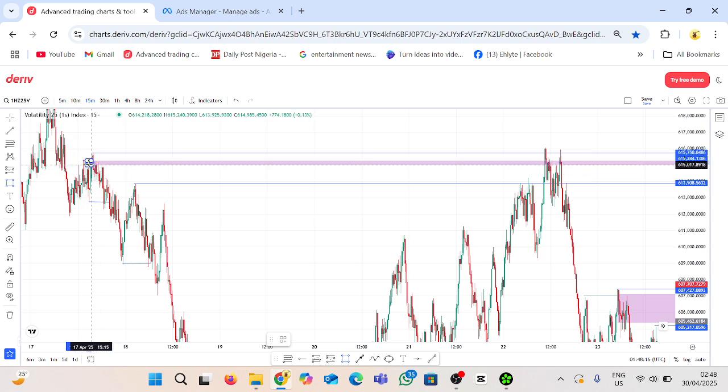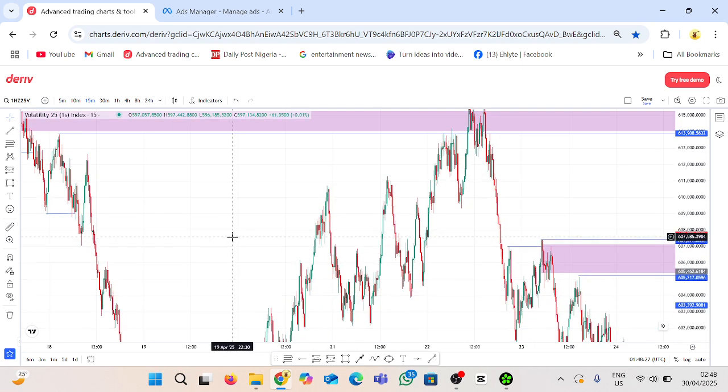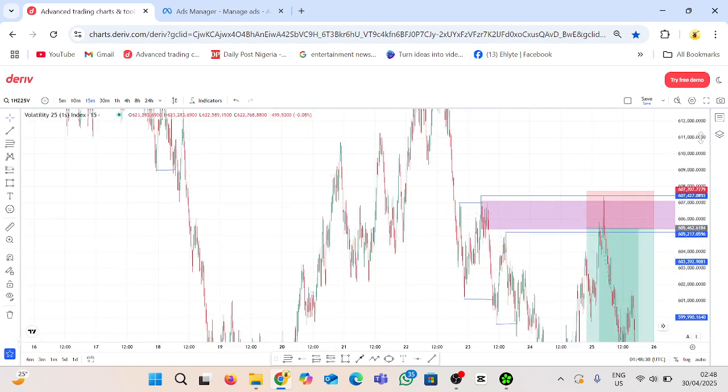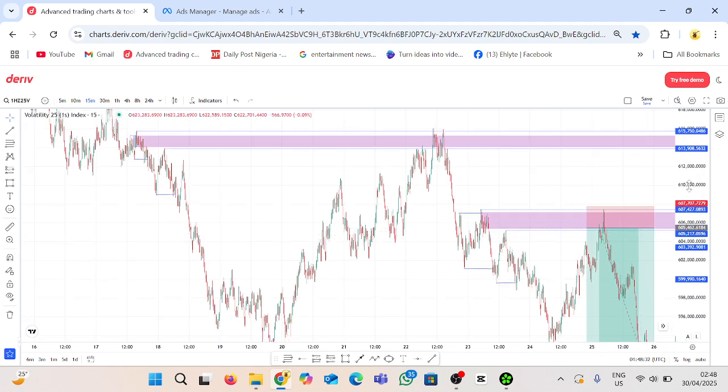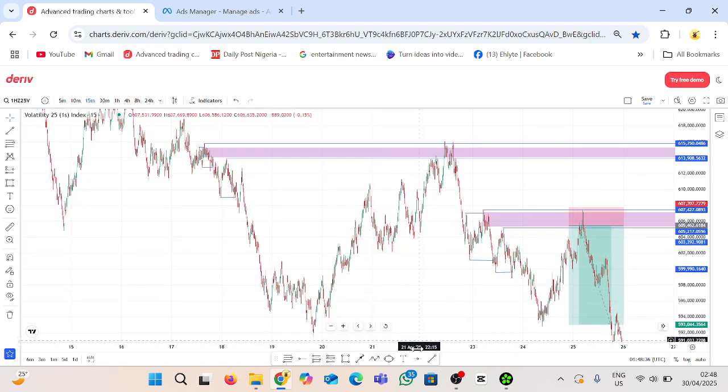The POI is always from the first sweep to your structural liquidity. Then you see that price wicks out a little bit. Like I said, once you see this pattern in the market, price will always respect it.